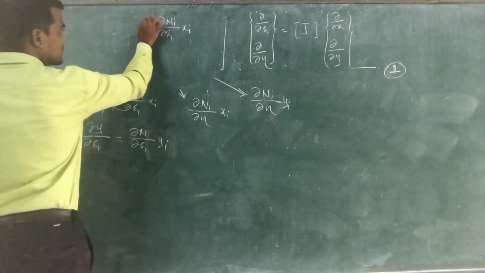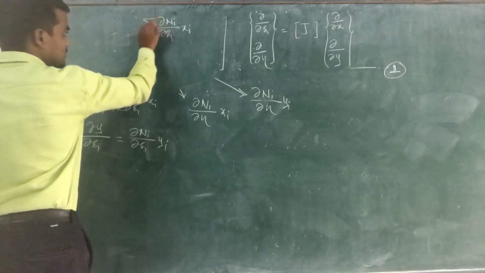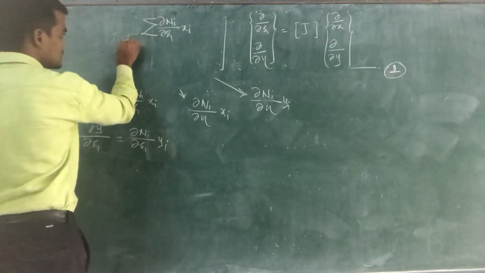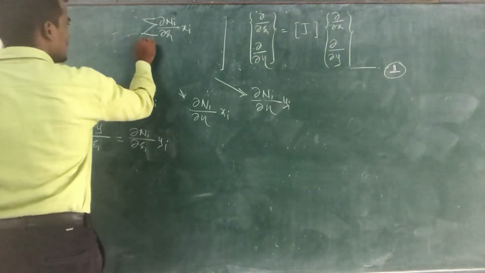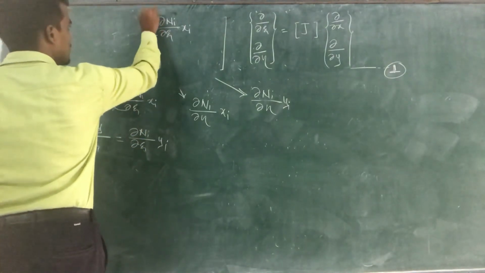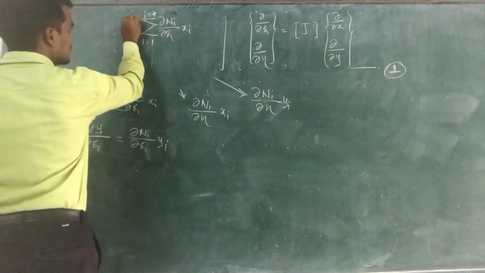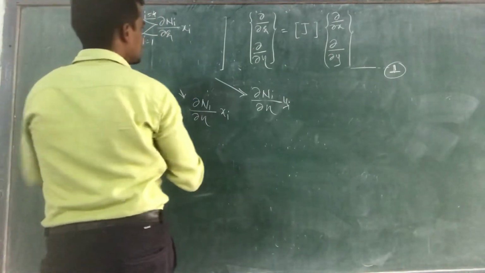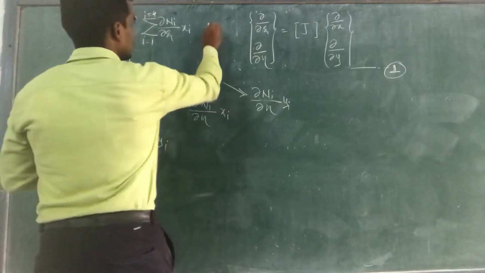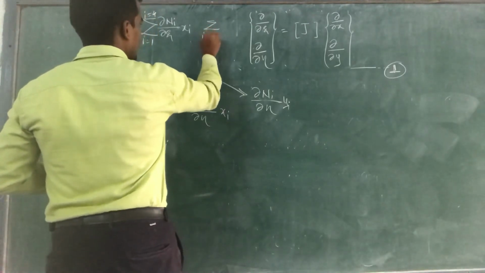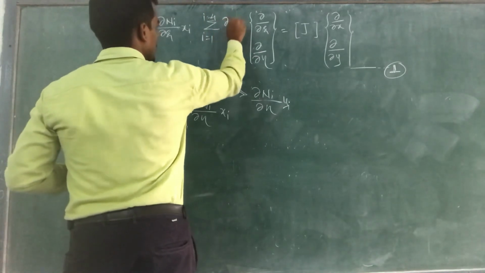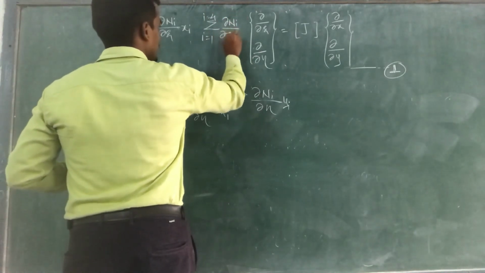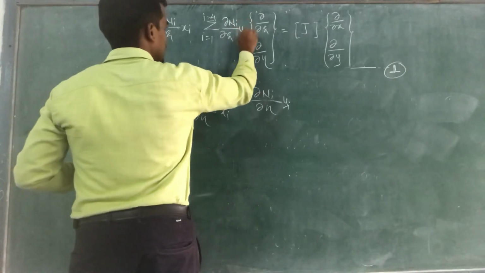All terms should include the summation sign, because here i varies from 1 to 4. Similarly you can write summation of i equal to 1 to 4 of ∂Ni/∂ζ yi.